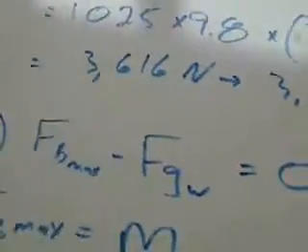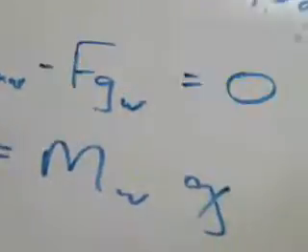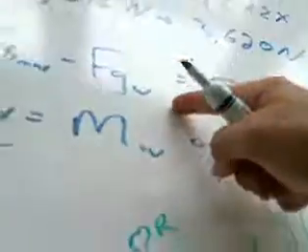Then the maximum buoyancy that raft can exert is the rho g V of the whole thing, so 3,616 newtons, 3,620.